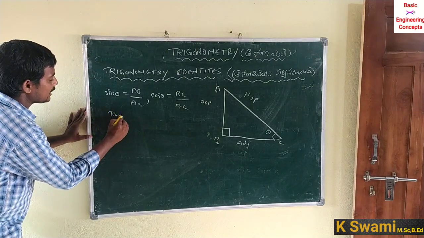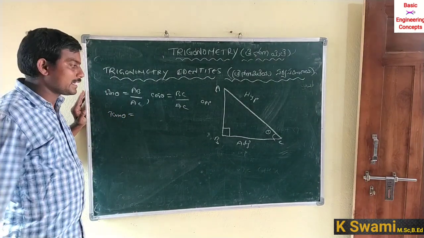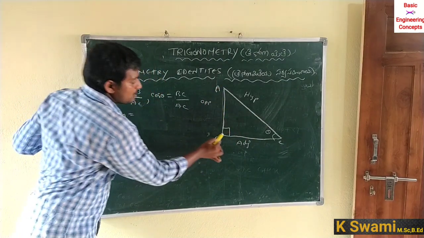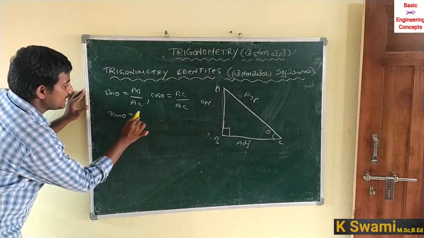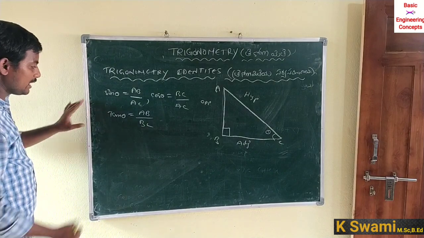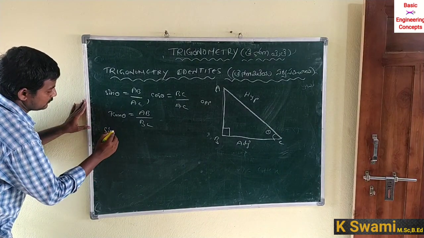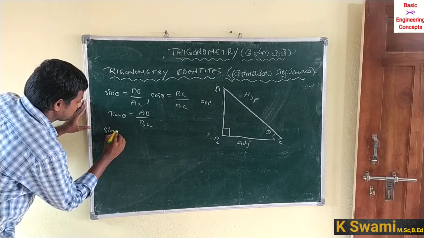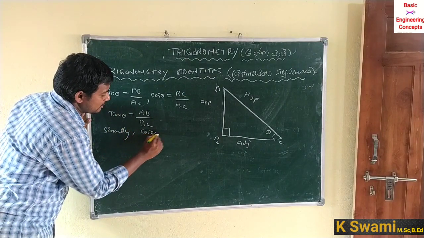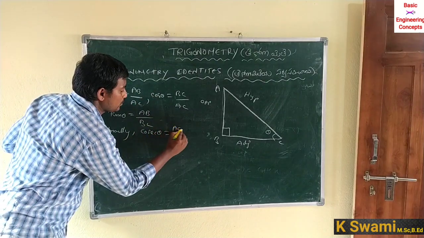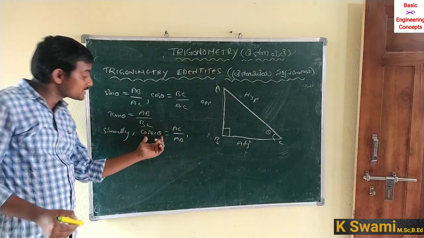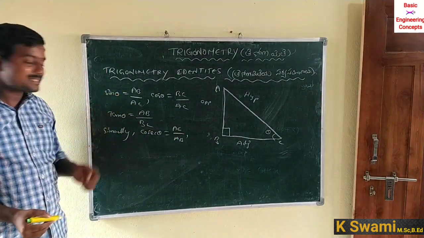And finally, tan theta is equal to opposite side by adjacent side, meaning AB by BC. Similarly, cosecant theta is equal to AC by AB, because cosecant theta is equal to 1 by sin theta.